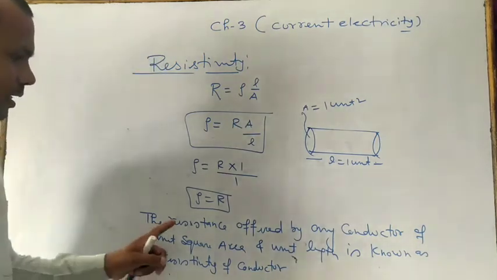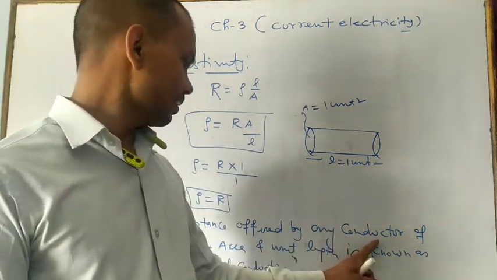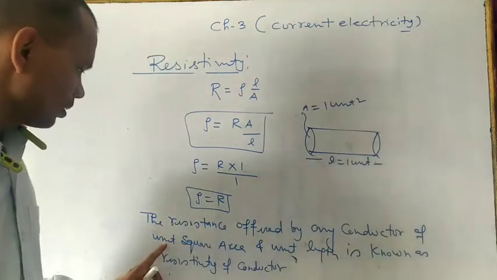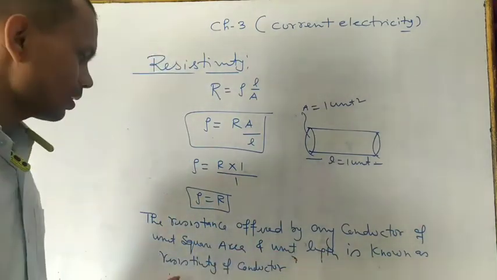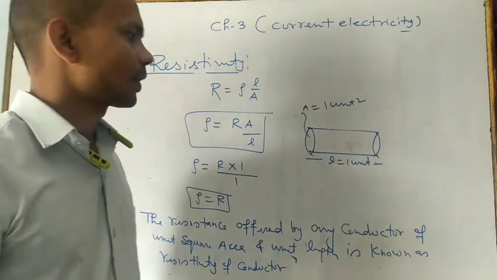Means what we have written is that the resistance offered by any conductor of unit square area and unit length is known as the resistivity of a conductor.